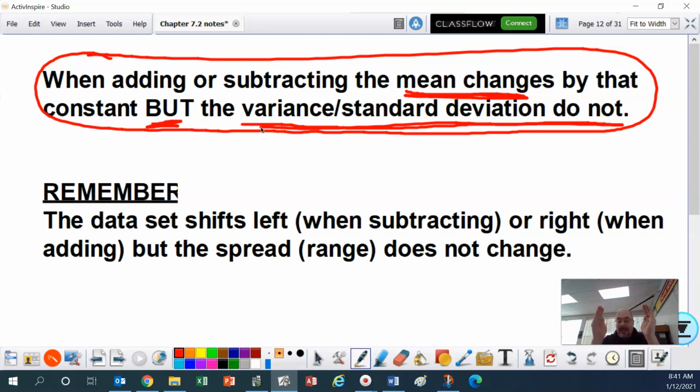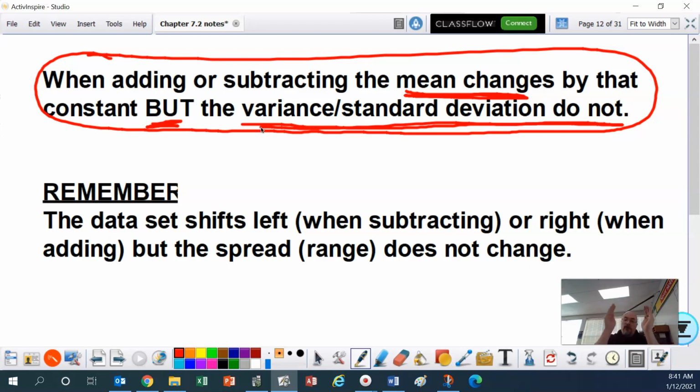So by adding, all you're doing is shifting the numbers one way. The width, like the range, has not changed. By subtracting, it shifts the other way, but again, the minimum and maximum and the numbers in between all just shift over.